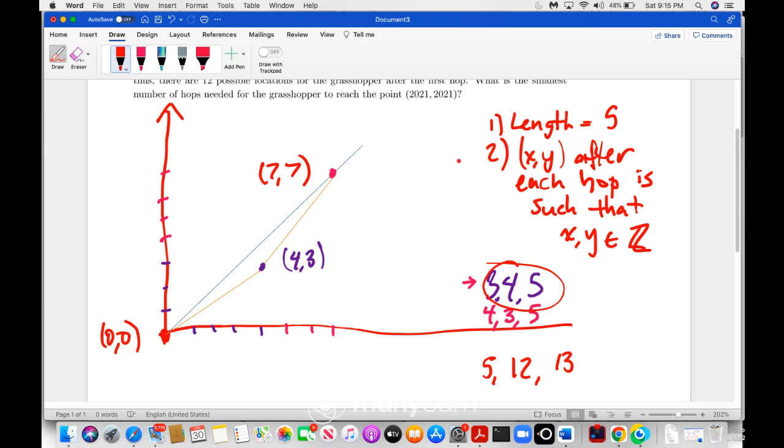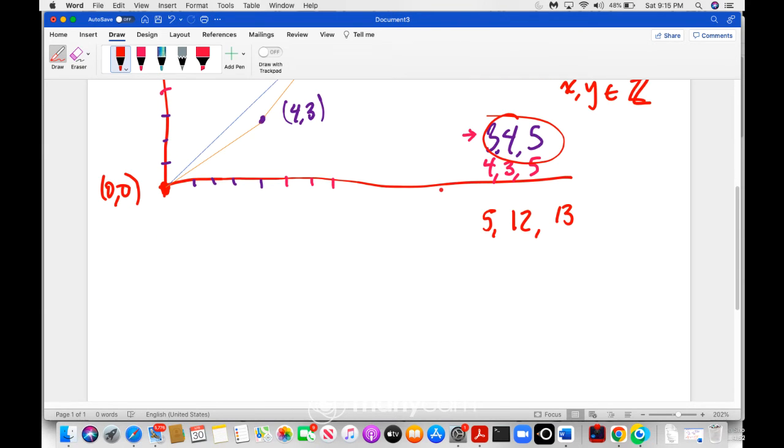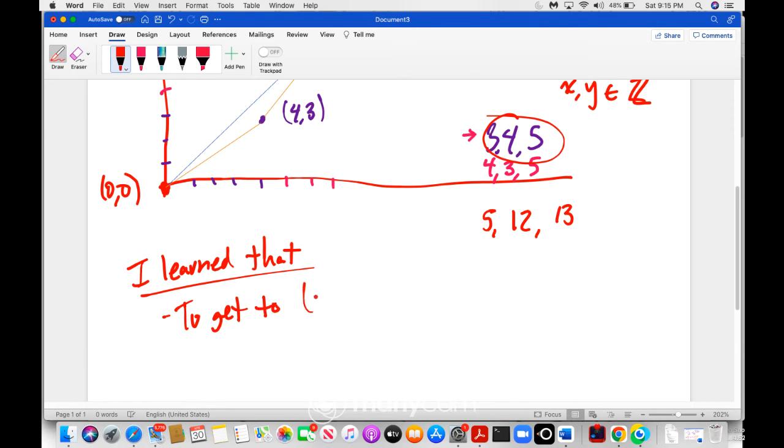Okay, well that's great. So to summarize what I learned from this, to get to the point 7, 7, I need 2 hops.